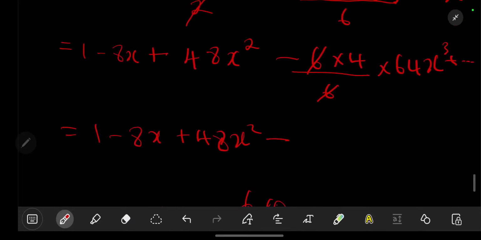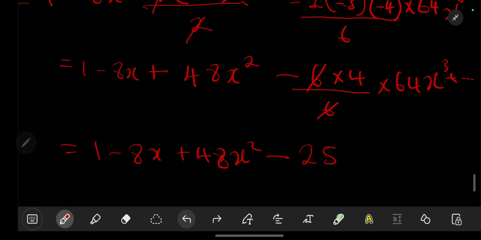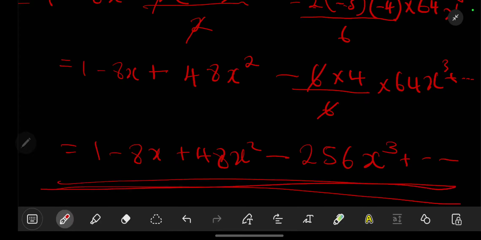So we are going to have 256 x to the power of 3 plus dots, dots, dots. So this is how we are going to answer that one.